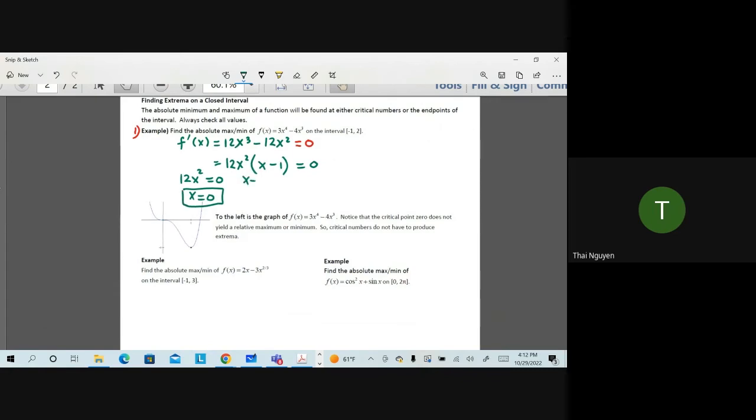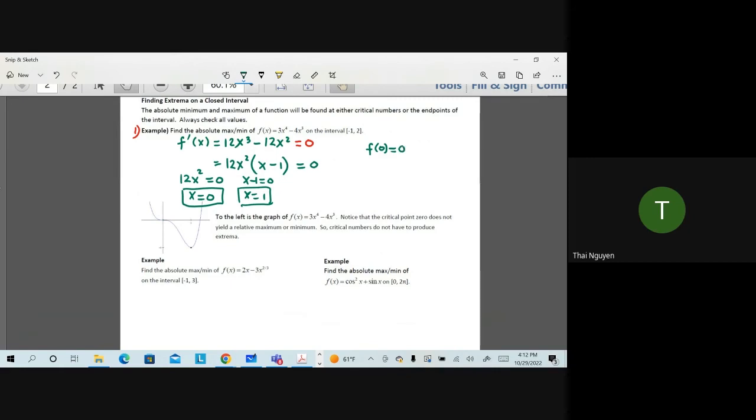So I set the factored derivative equal to 0. Therefore 12x squared equals 0 gives you x equals 0, and x minus 1 equals 0 gives you x equals 1. Now I got the points. Okay, we don't know if they're going to be local min or local max, but they're critical points. So one thing we're going to do right now is look at the values f of 0 and f of 1.